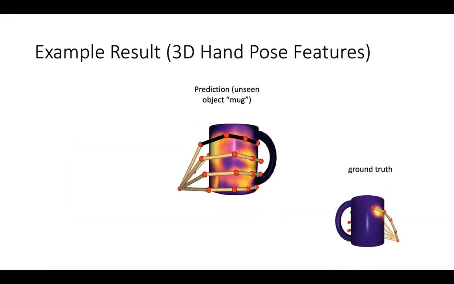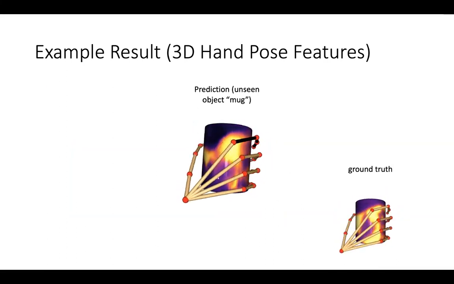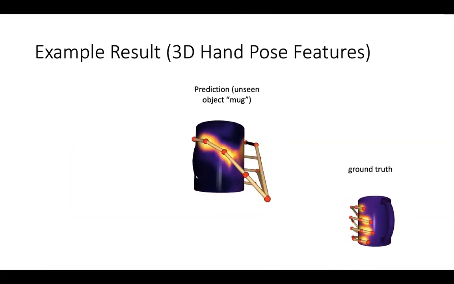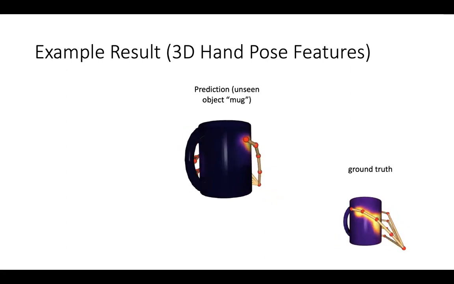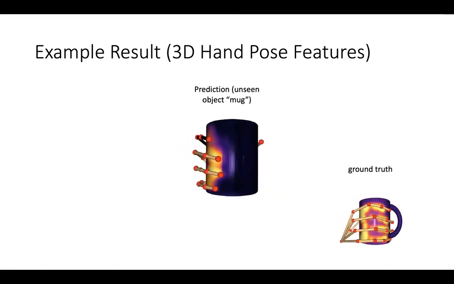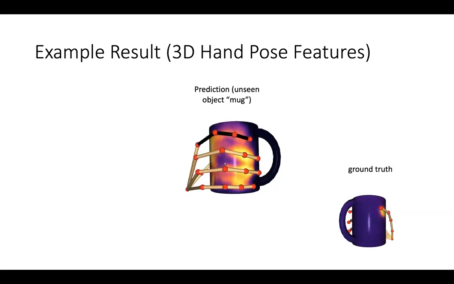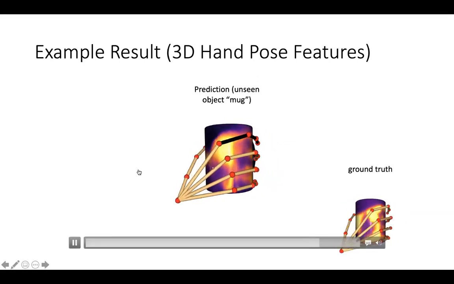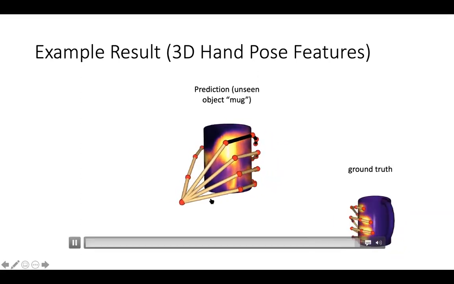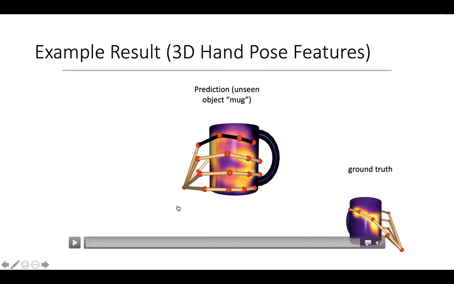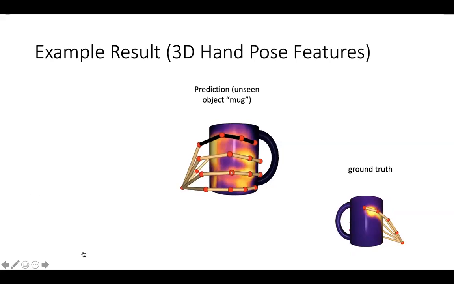On the other hand, we found that if, instead of using the image features, we use the features derived from 3D information, here I'm showing you features that were derived from the hand skeleton, you see that it is actually able to capture highly nuanced details.